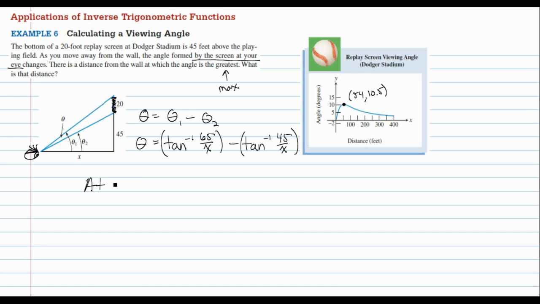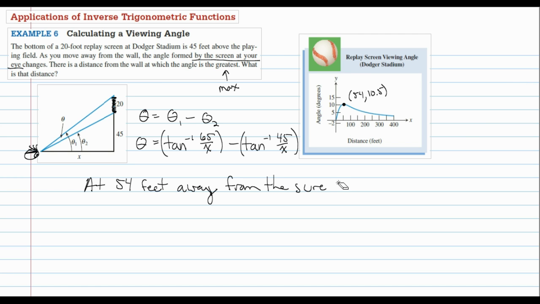So at 54 feet away from the screen, technically that's all the question is asking for, but I'm going to expand my answer a little bit just to help us get a better understanding.